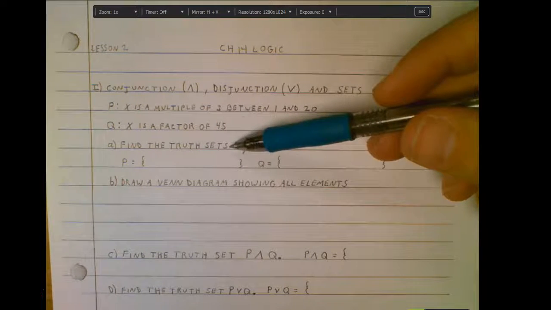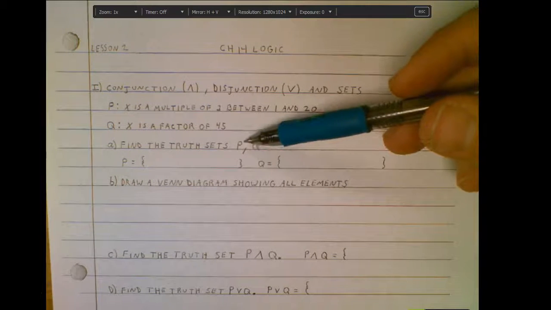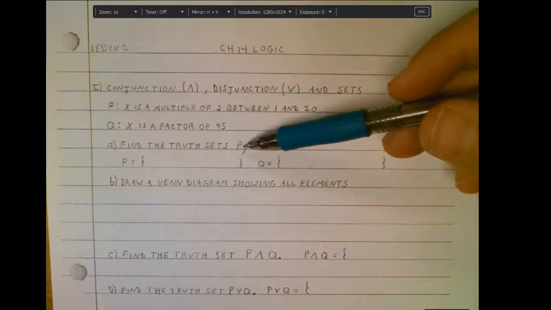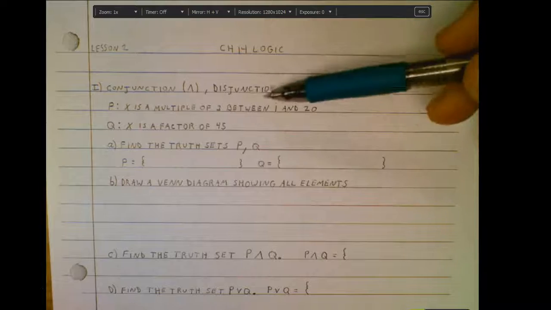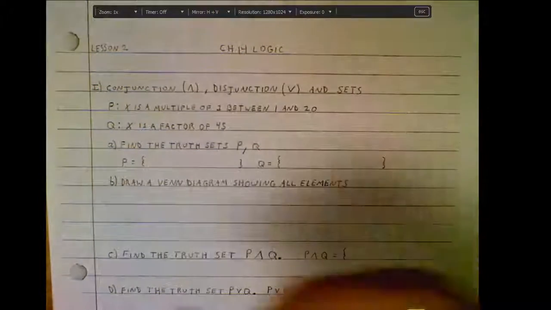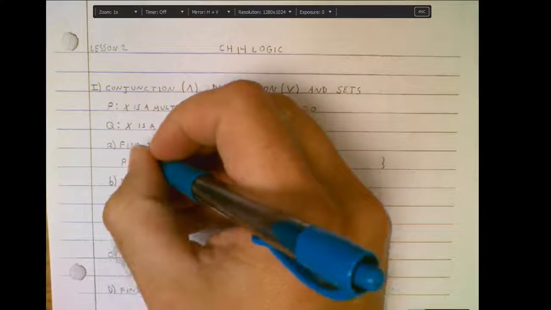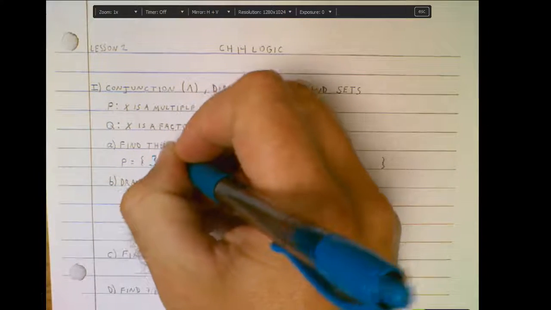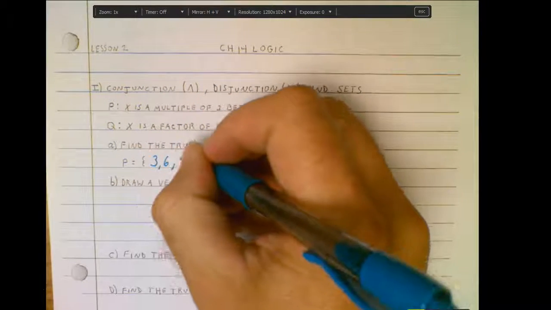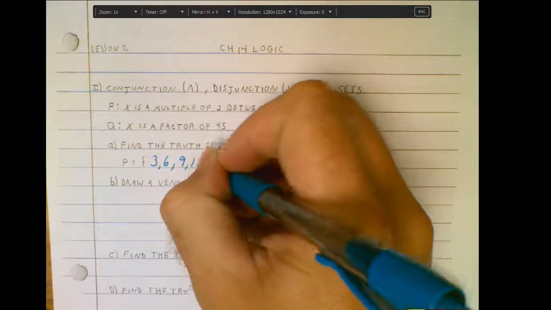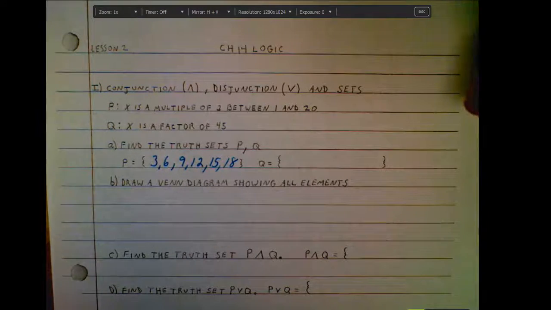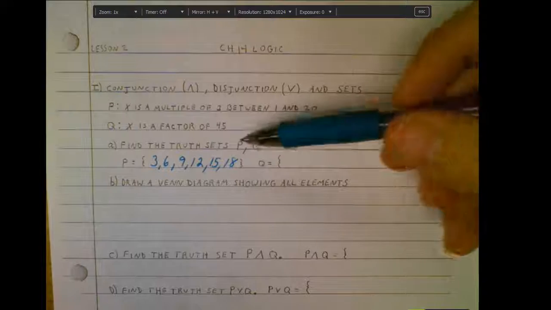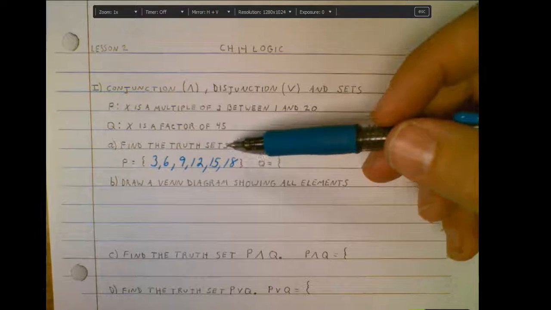So when it says find the truth sets, all that simply means is what we did last chapter, which is just list the set. So if you look at P where it says multiples of 3 between 1 and 20, well, if we just list the set, multiples of 3 would be those right there for numbers between 1 and 20. And so we're just listing the set. So I wanted you to see that because of just the wording where it says truth set.